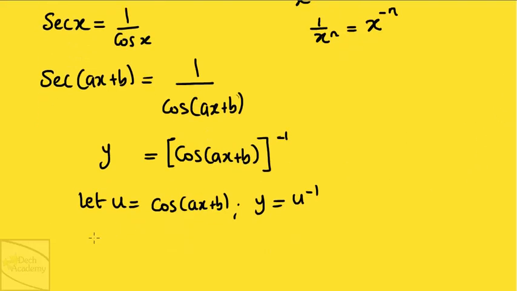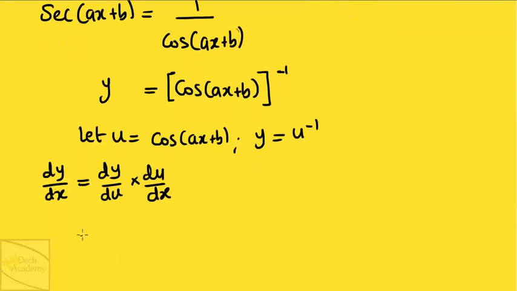So, what is dy/dx? dy/dx is dy/du times du/dx. Since y is u to the power of minus 1, what is dy/du? Well, dy/du is minus 1 times u to the power of minus 2. What about du/dx?